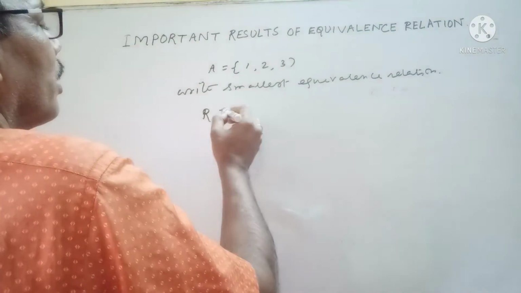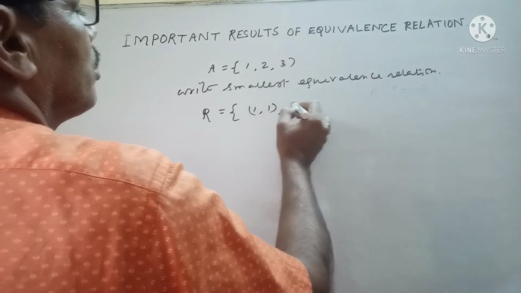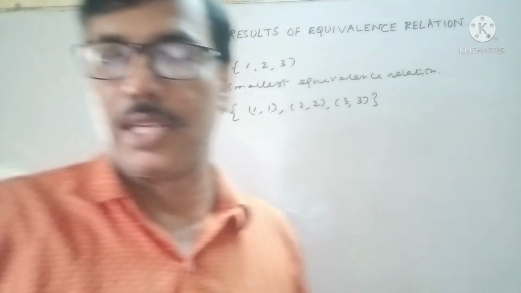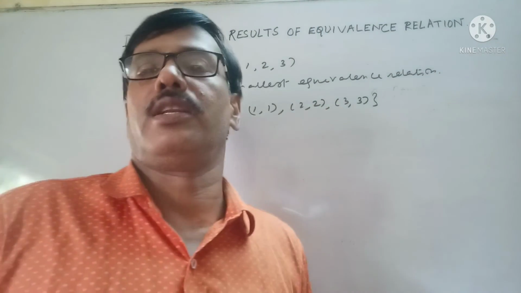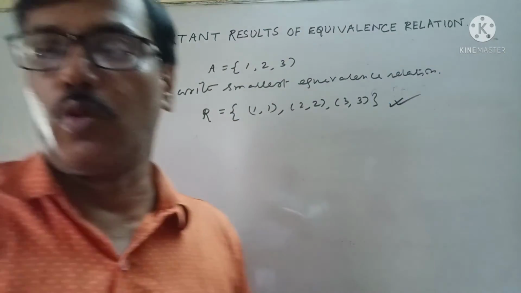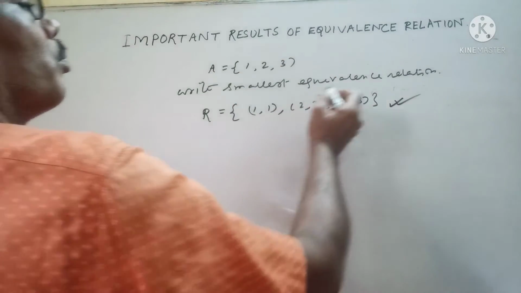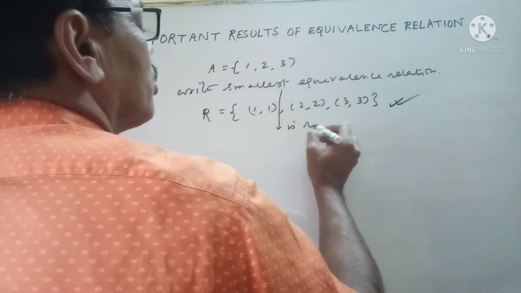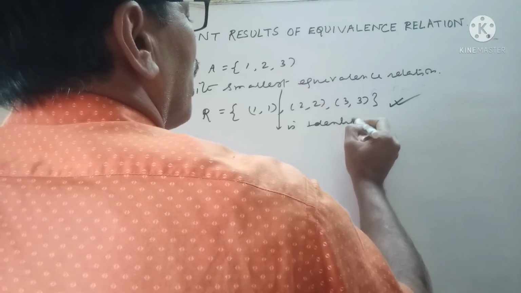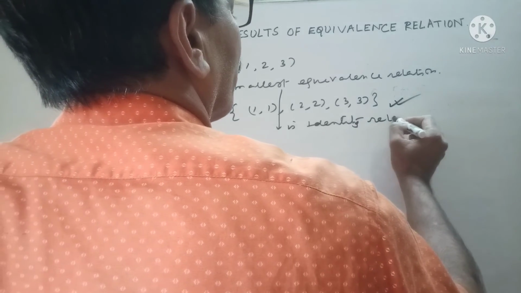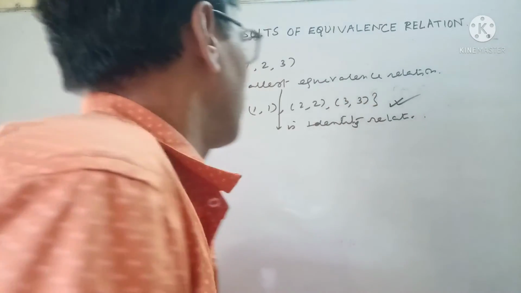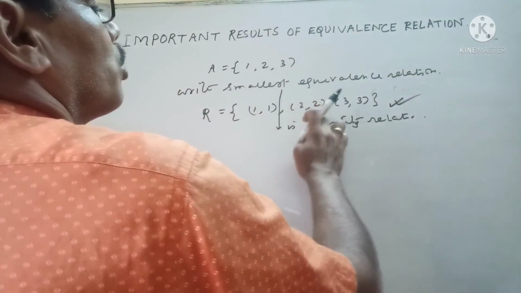We know the reflexive relation, that is (1,1), (2,2), (3,3). This is an equivalence relation, so this reflexive relation is the smallest equivalence relation. Always remember: the smallest equivalence relation is the identity relation. So (1,1), (2,2), (3,3) is the smallest.